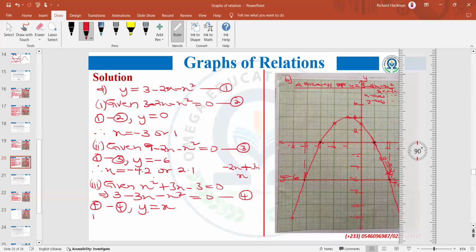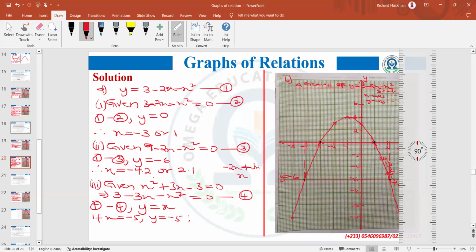So if x is equal to, go to the table, your first x value, and I think that was -5. Is that clear? I can equally get it from here because it's a table that I used to draw. So my first x value here will be here, -5. So if x is equal to -5, y will be equal to -5. Do you agree? Because this will be replaced by -5.